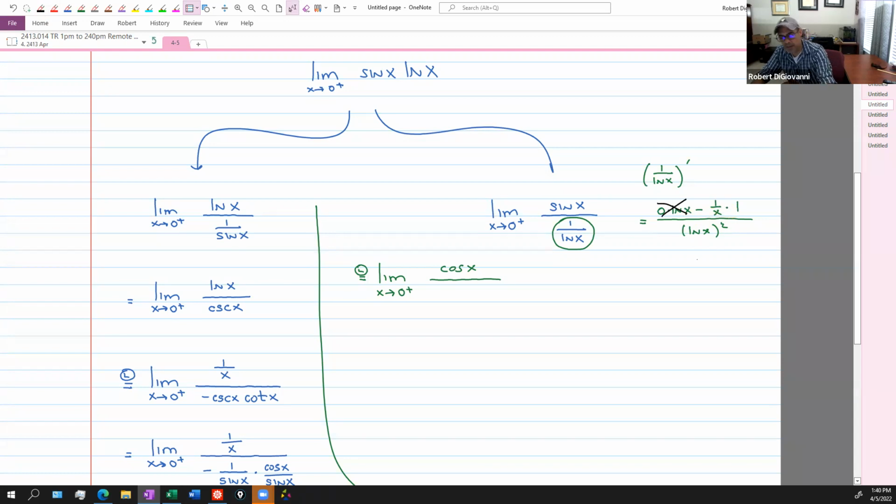This just gives me a -1 over x over natural log of x, but then squared. So that's the derivative of the bottom: negative 1 over x over natural log of x, but that's squared.